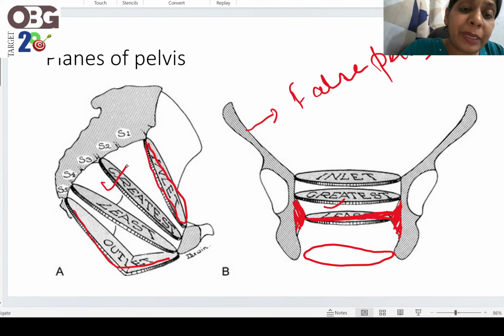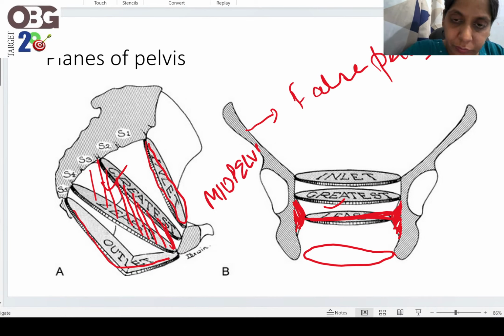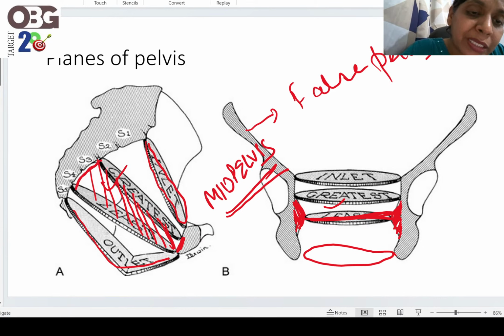The cavity between the greatest dimension plane and the least pelvic dimension plane, which I am shading here, is known as mid pelvis. Anteriorly it is between the mid part of the pubic symphysis and the lower border of the pubic symphysis, and posteriorly it is S2 to S5.